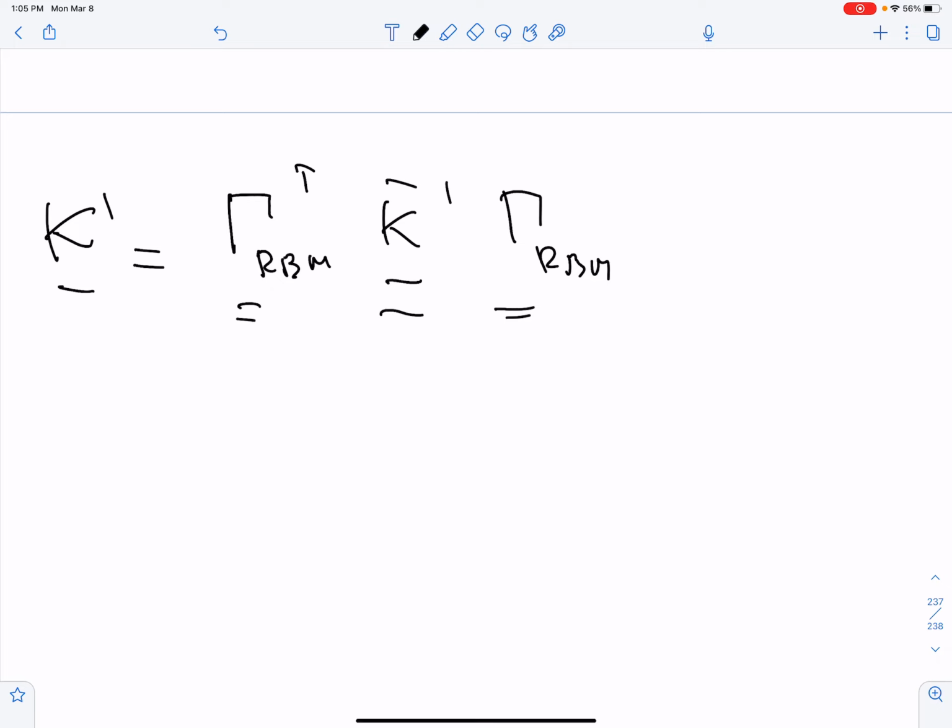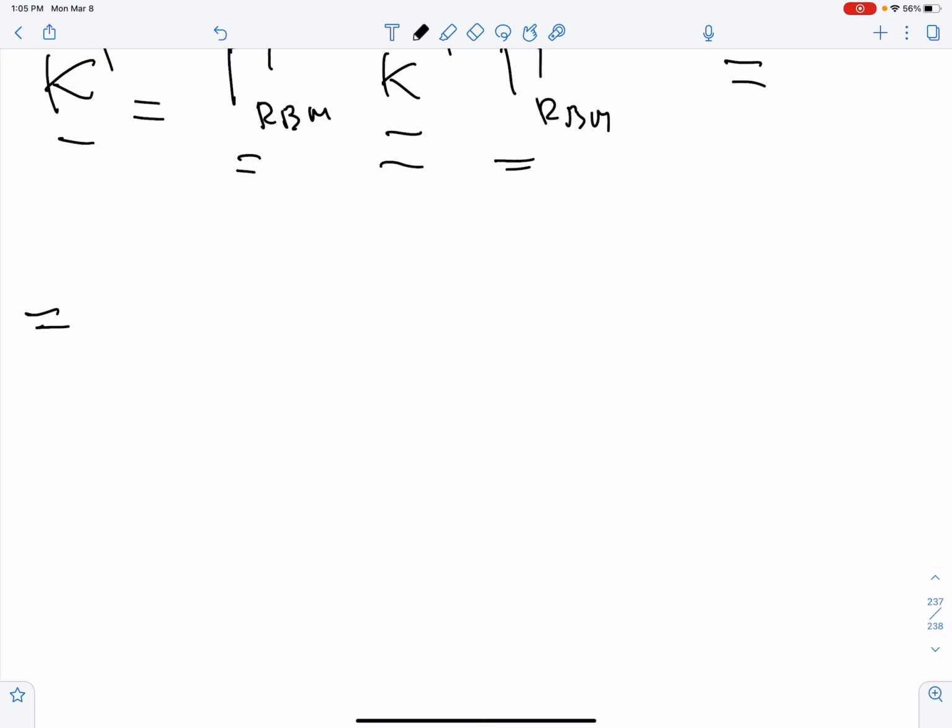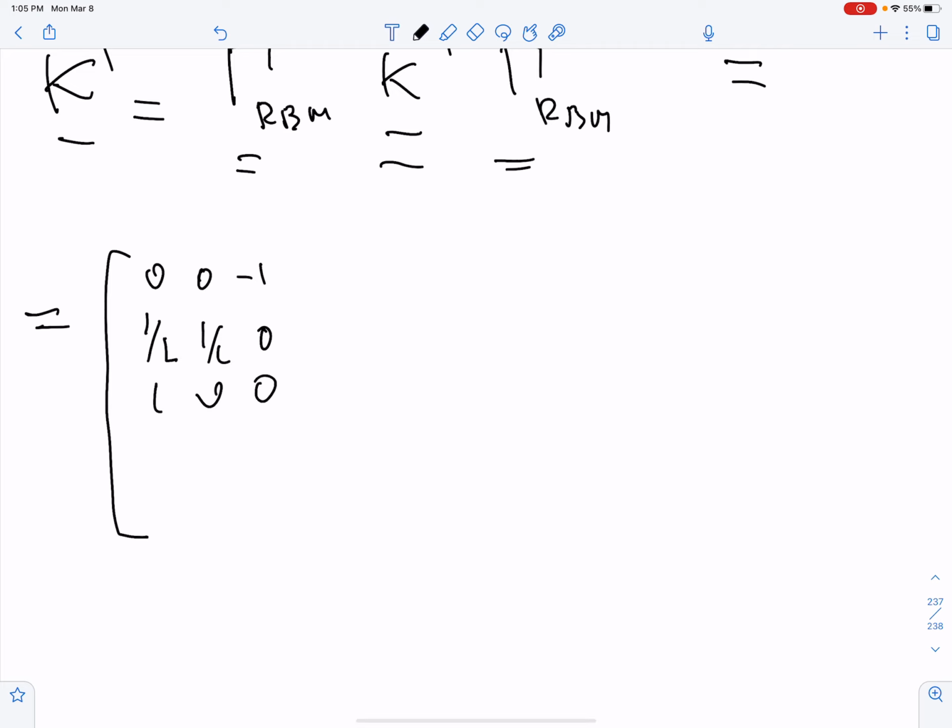Right, the rotation matrices will then go and put it in a global coordinate system, right? But for a second, let's stay in the local coordinate system. And so what does that multiplication look like? Well, you take the gamma RBM transpose that we derived, right? 0, 0, minus 1, 1 over L, 1 over L, 0. 1, 0, 0, 0, 0, 1, minus 1 over L, minus 1 over L, 0, and then 0, 1, 0.